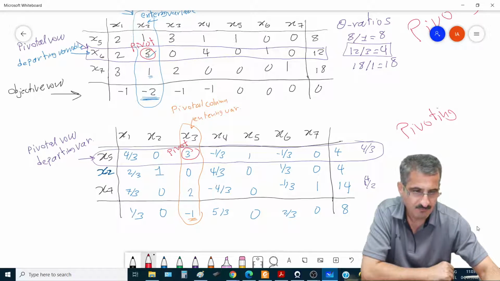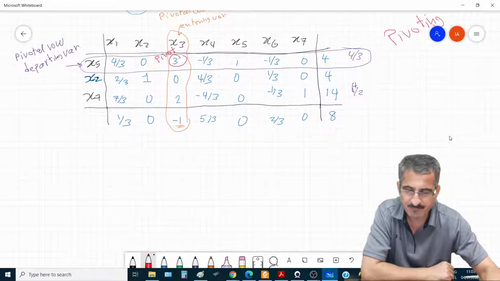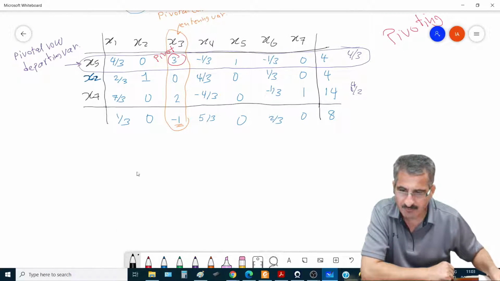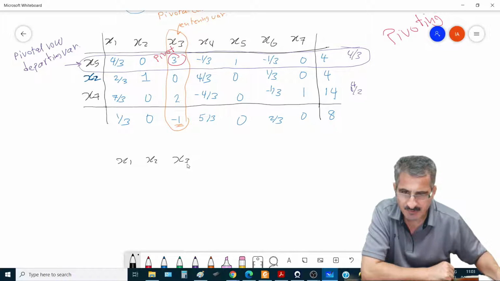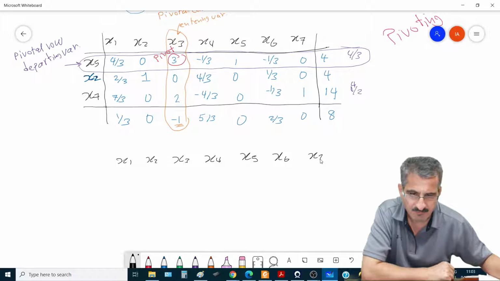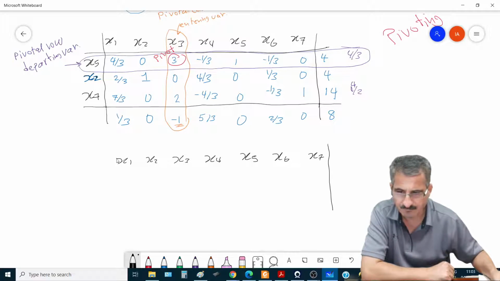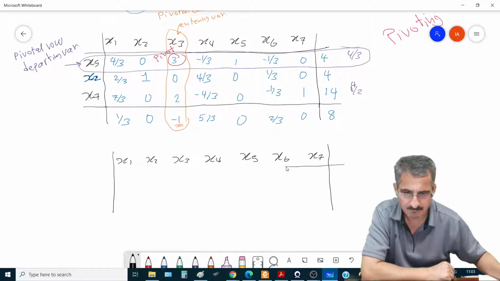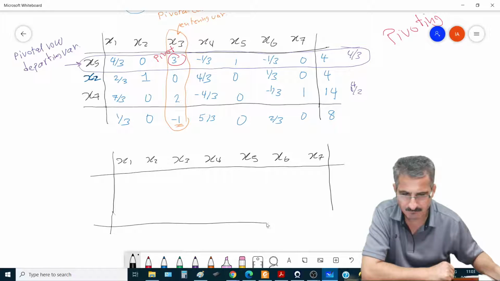Okay, more row reductions. So I will go to x1, x2, x3, x4, x5, x6, x7, and now I will change the x5 to be x3.